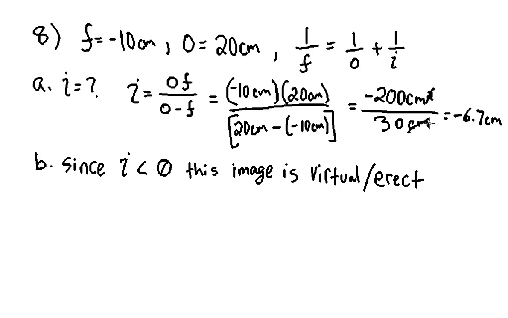That's true when you're dealing with lenses, but not necessarily mirrors, which we're going to move on to next. So please analyze figure 17.19, and hopefully it helps you understand how when you have objects further away from the focal length of a concave lens, you will form upright or erect virtual images.